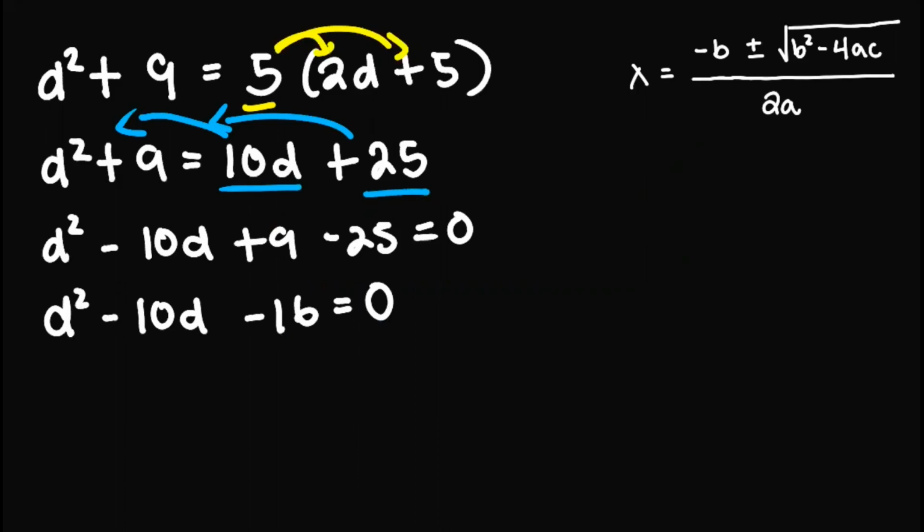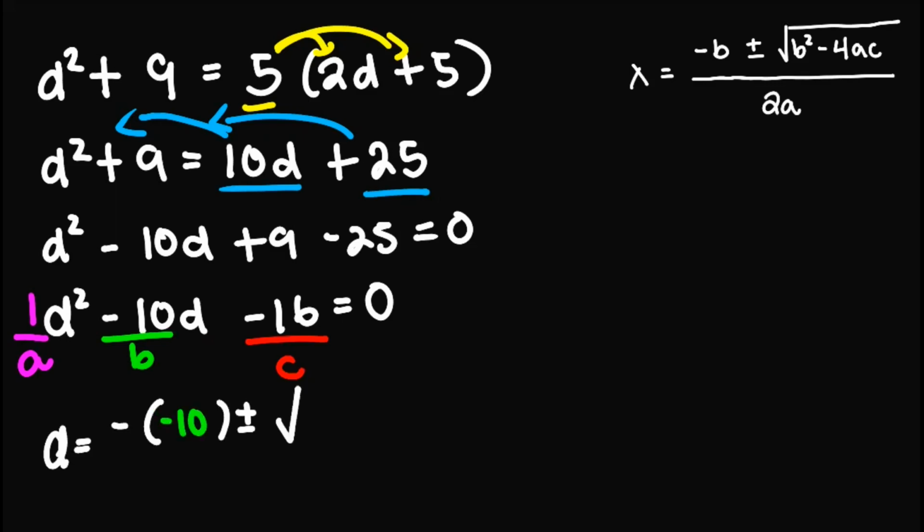Now let's determine the values of a, b, and c. So first, since there is no coefficient here, we assume it to be 1. Then we have negative 10 to be b and negative 16 to be c. So we know that d is equal to negative times b, which is negative 10, plus minus the square root of b squared.